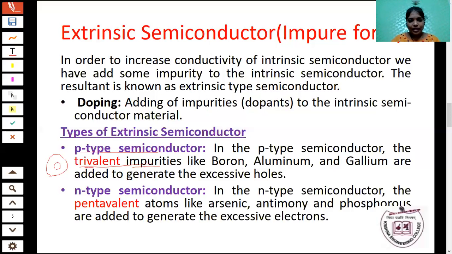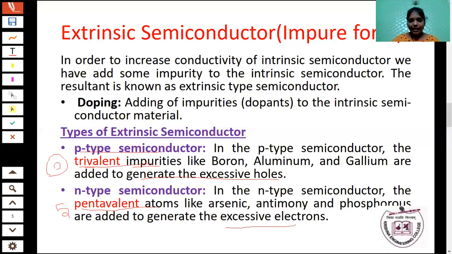When a trivalent impurity is added to the intrinsic semiconductor material, it generates excessive holes. In the n-type semiconductor material, we add pentavalent impurities. Penta means 5, so any atom which has 5 valence electrons in the outermost shell is a pentavalent atom. In the n-type semiconductor, the pentavalent atom is added to the intrinsic semiconductor material.